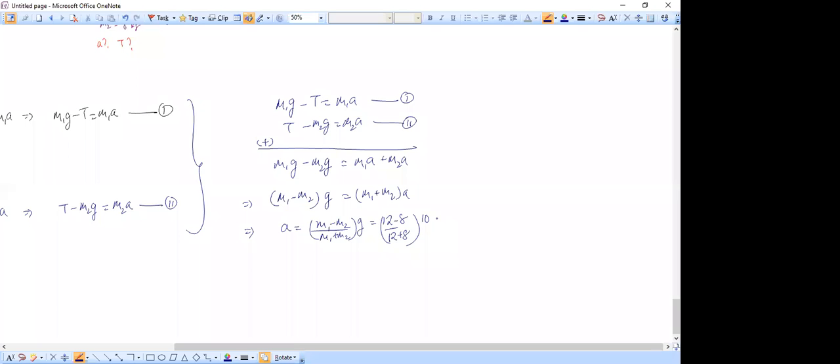So that is 4 by 20 into 10. That is 2 meters per second square. So the acceleration is 2 meters per second square. And then substitute that back in this equation. You'll get the tension as M1 into (G minus A).